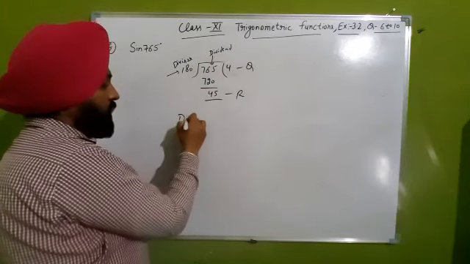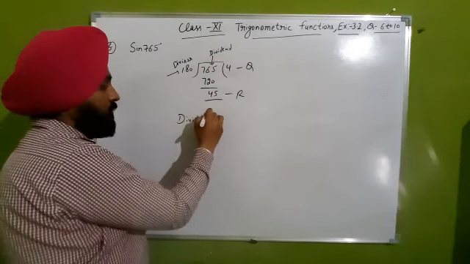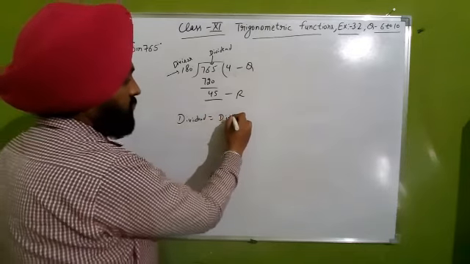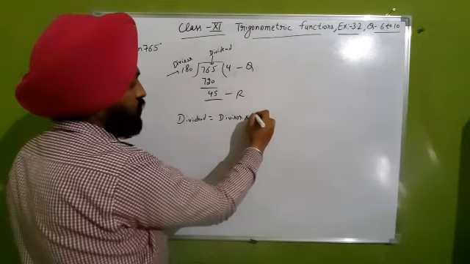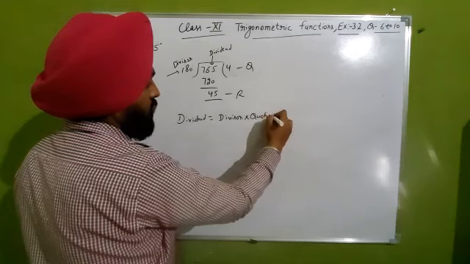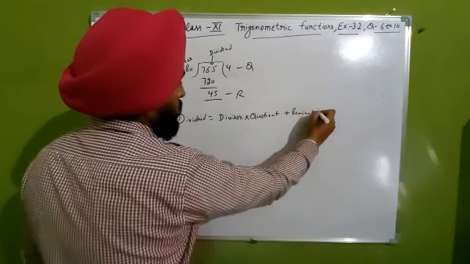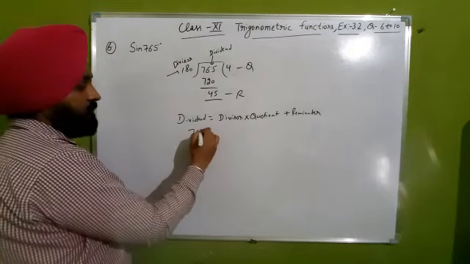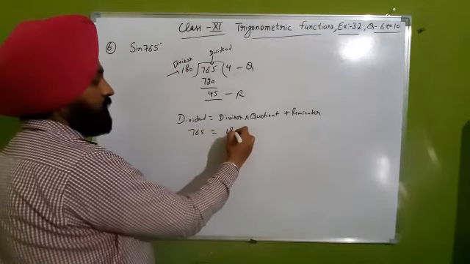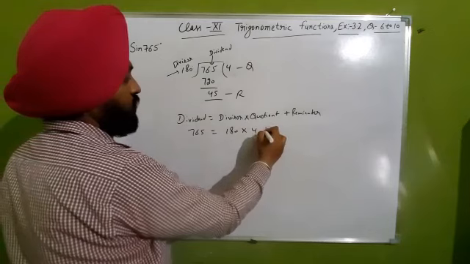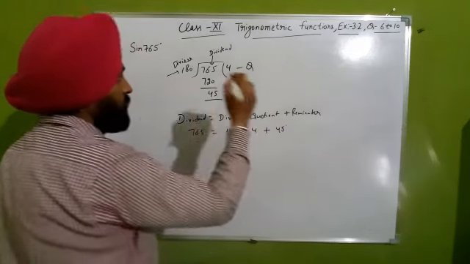As you know, dividend is equal to divisor into quotient plus remainder. So dividend is 765, divisor is 180, multiplied by quotient 4, plus remainder 45.